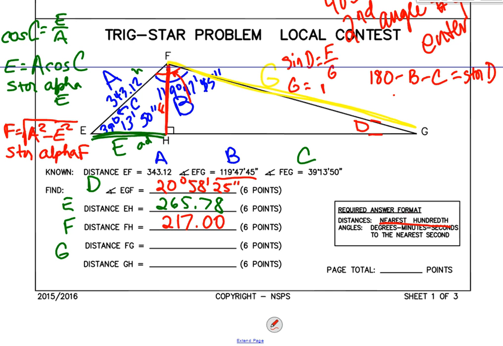G equals F divided by sine D. And so then to figure it out, I'm just going alpha F divided by sine alpha D, enter. And I just want that to the nearest hundredth. What is it? 606.2. Is it 6?